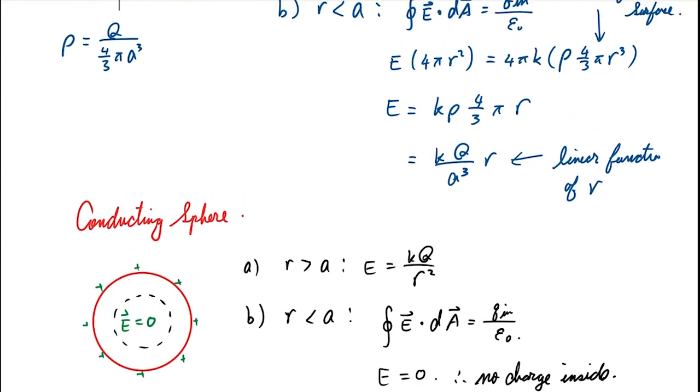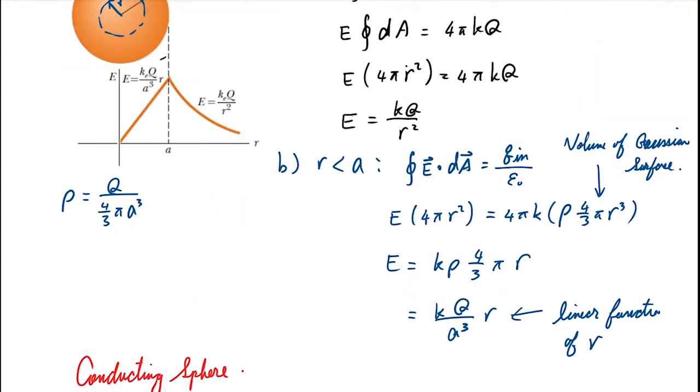So I like to draw the potential graph based on this, okay? So if I have to draw a potential graph, say here, exactly underneath this, this is V versus R. This is a linear function, and potential is the antiderivative of that, right?